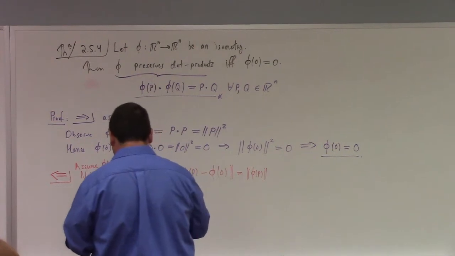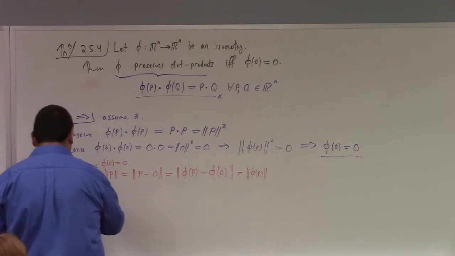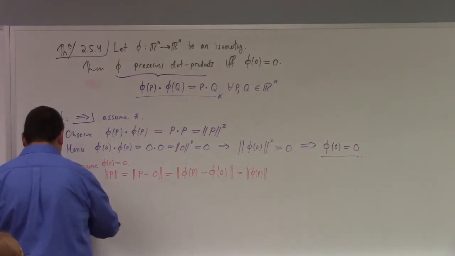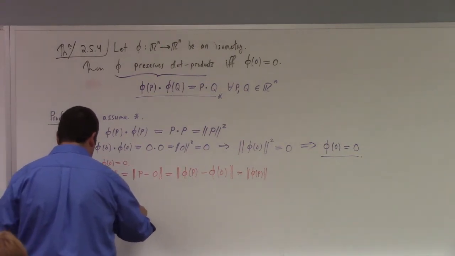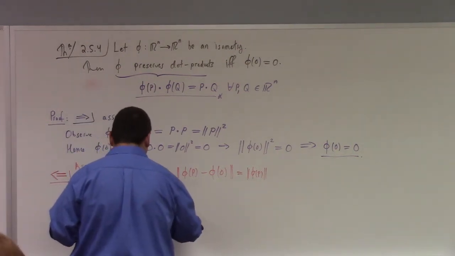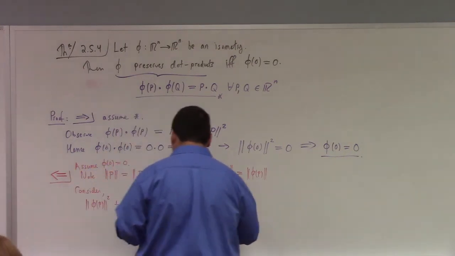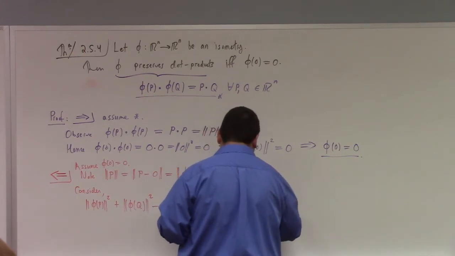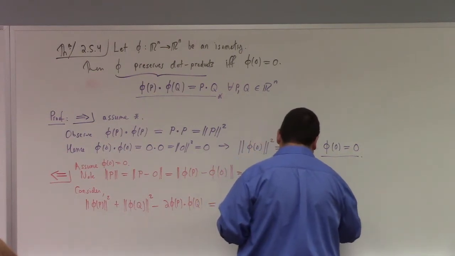So consider the following bit of sneaky algebra. And here we go. The length of phi of p squared plus the length of phi of q squared minus twice the dot product of phi of p and phi of q is equal to bracket phi of p minus phi of q dot product with phi of p minus phi of q.